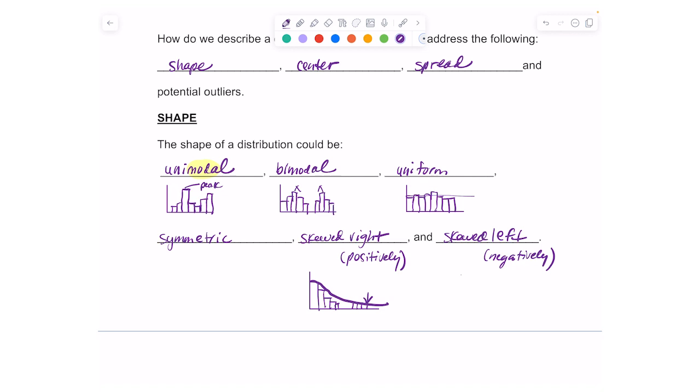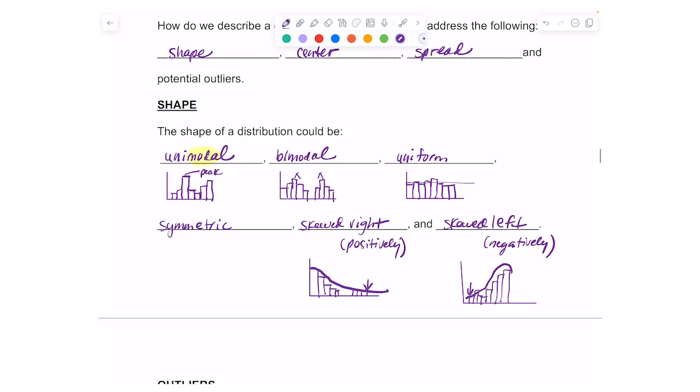And then if I was to do the same thing, except have the tail on the left side now, so something like this, okay, we would say that this is skewed to the left because the tail is on the left side, okay, or skewed negatively.